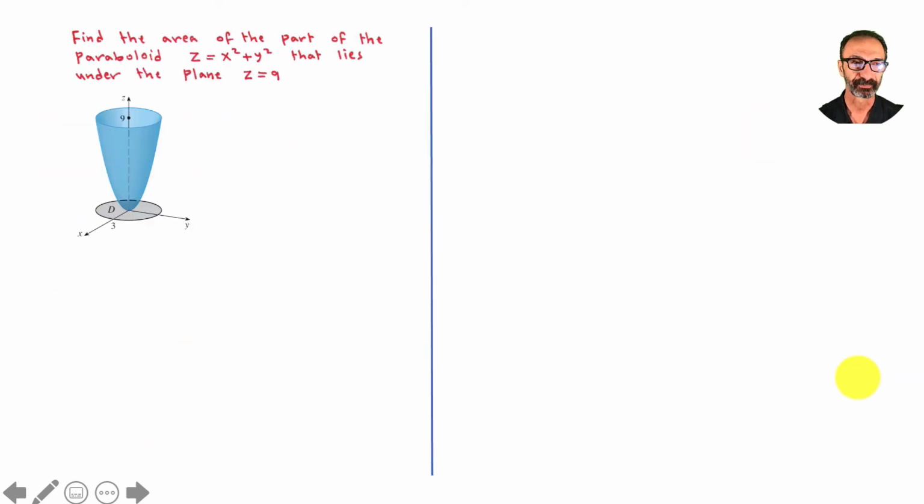Example. Find the area of the part of the paraboloid z equals x squared plus y squared that lies under the plane z equals 9. So we need to find the surface area, the area of the part, that's the surface area of this blue shape under the plane z equals 9 as it's mentioned.